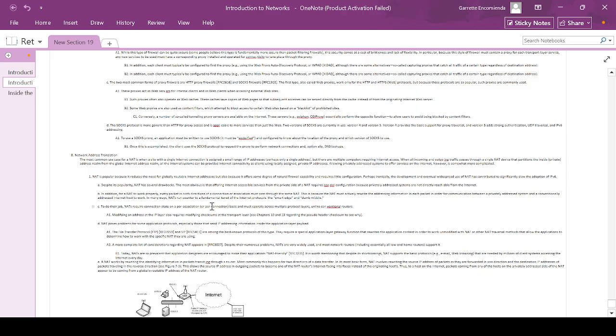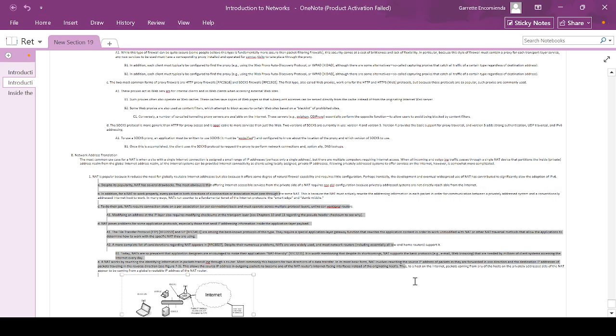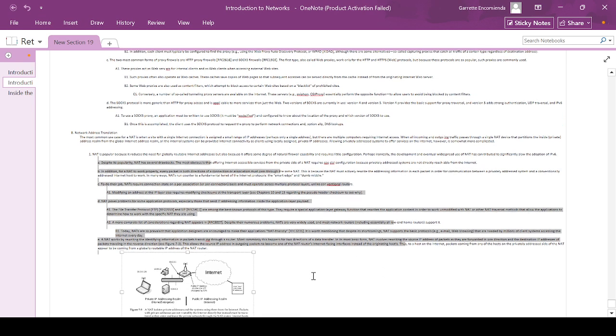Despite its popularity, NAT has several drawbacks, right? The most obvious is that offering internet accessible services from a private side of NAT requires special configuration because privately addressed systems are not directly reachable from the internet.